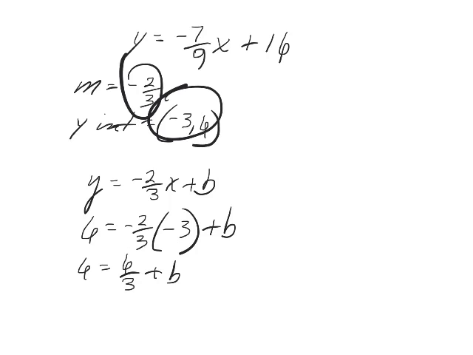So when we reduce 6/3 to 2, subtract it from both sides, you're going to find out that b is 4. And we'll be able to write it as y equals negative 2/3 x plus 4. Okay, so there's my linear equation. When you're asked to graph these, they're not very difficult because you've got the y-intercept and you do have the slope, so that should make things pretty easy.